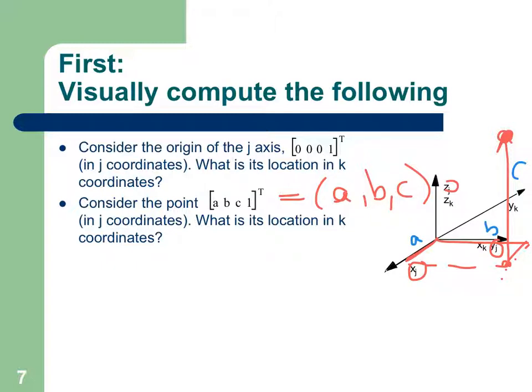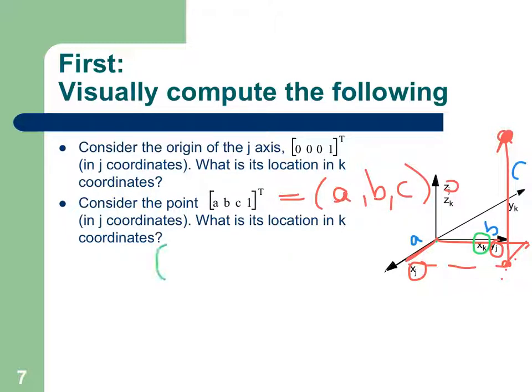And we can eyeball this, right? We can look at this and say, well, let's see. If I want to look at the K coordinates, then I need to consider where's the xk. Well, let's see. So here's the x-axis, and we went over b because that's equivalent to the yj.